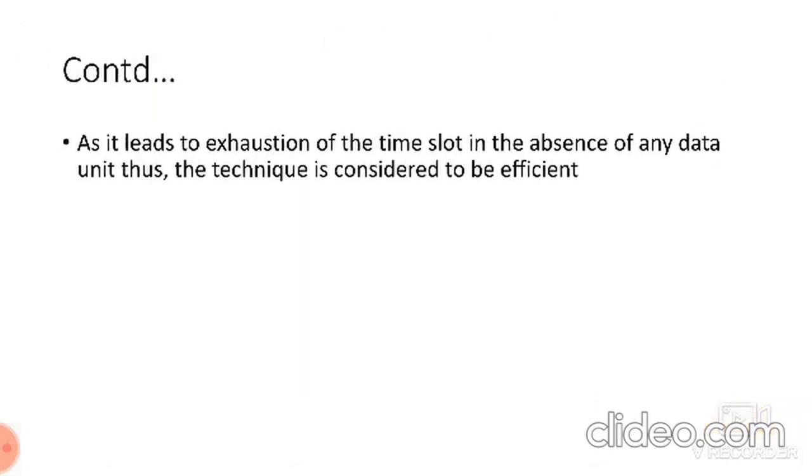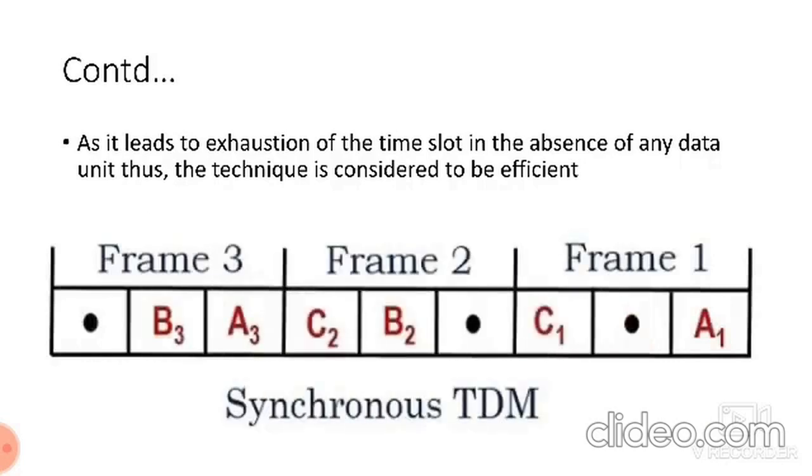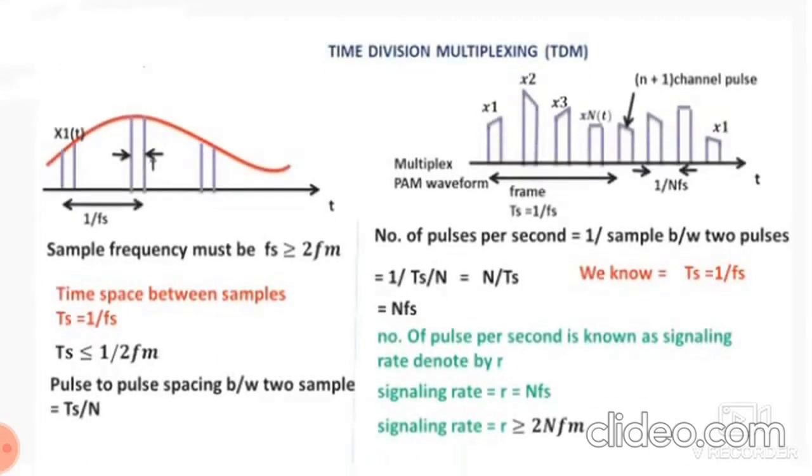In time division multiplexing, different frames will be slotted. Two types are there, synchronous TDM and asynchronous TDM. In synchronous TDM, the frames are chosen in a synchronous manner, the order being repeatedly the same, but in asynchronous TDM the order cannot be predicted.